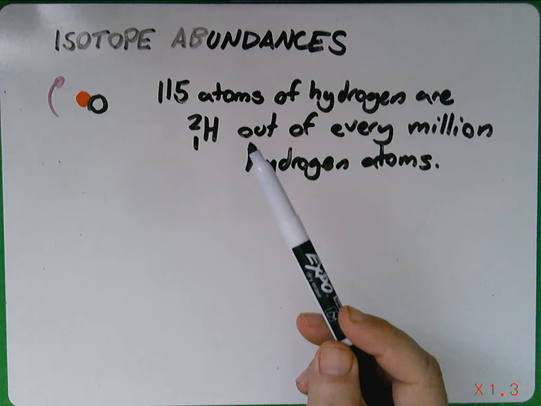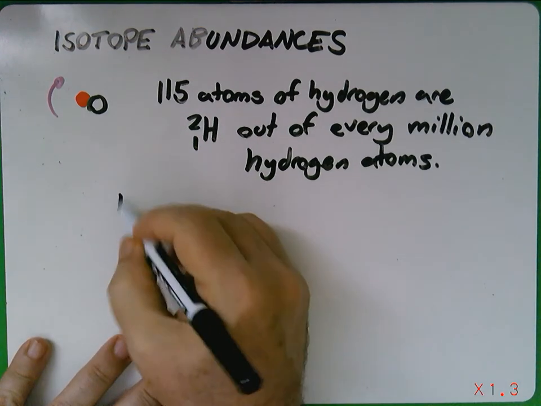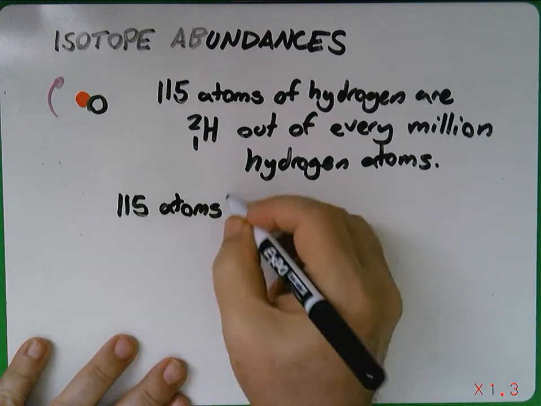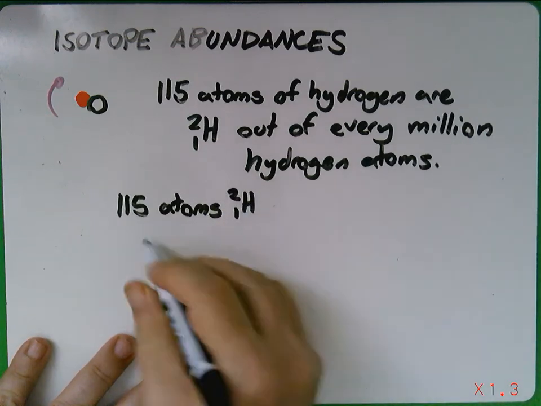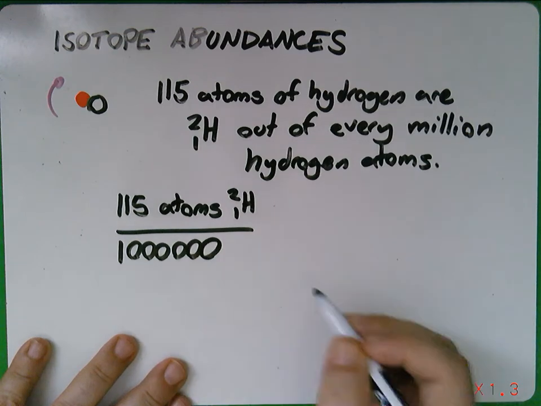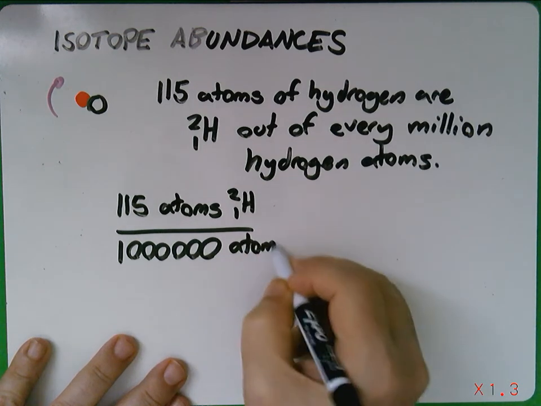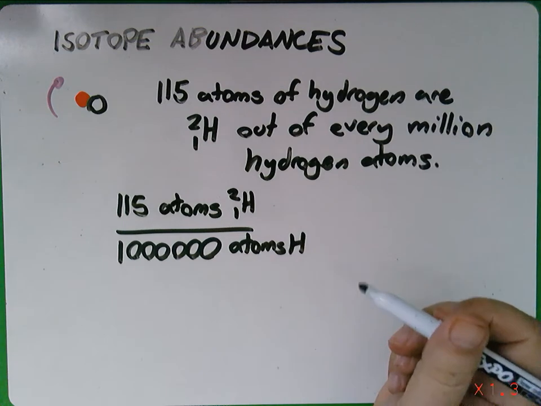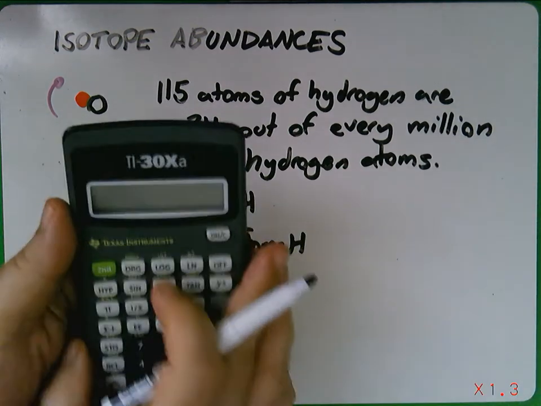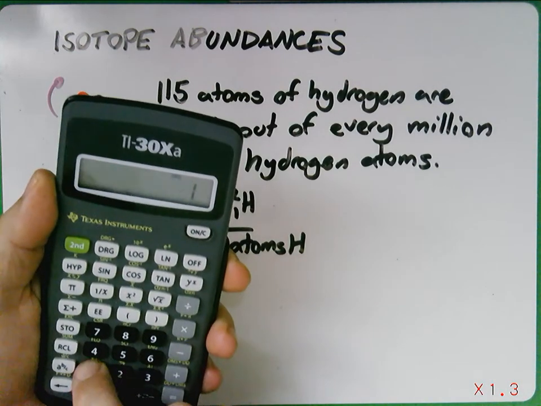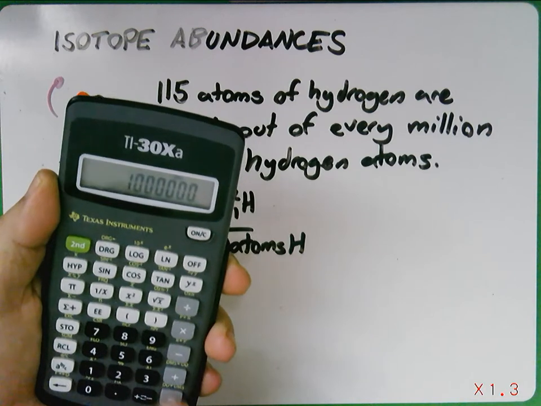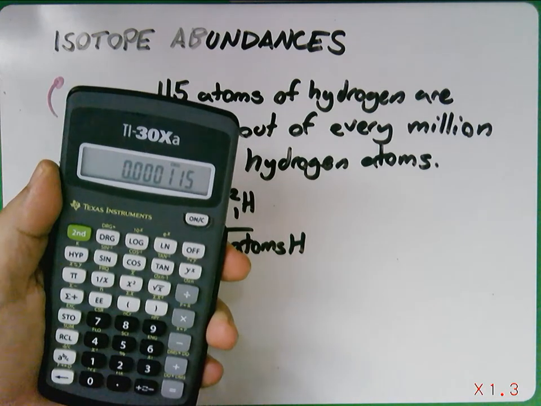We can express that a couple different ways. If it's 115 atoms of deuterium out of every million atoms of hydrogen of all kinds, I could take 115 divided by a million, and I'd get this.